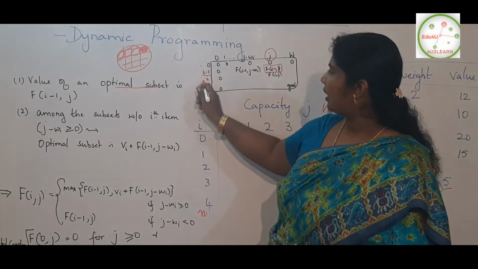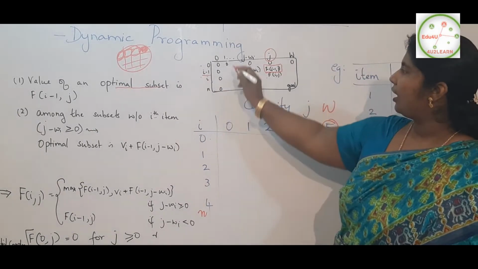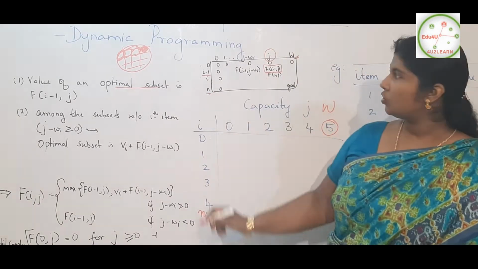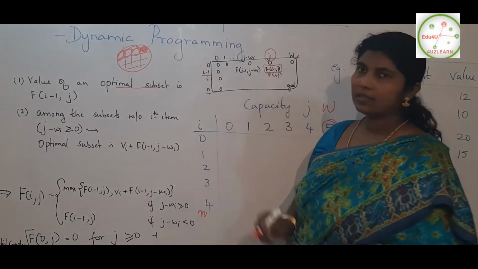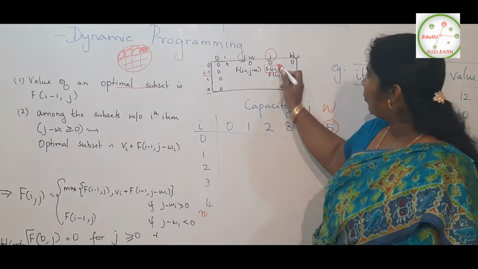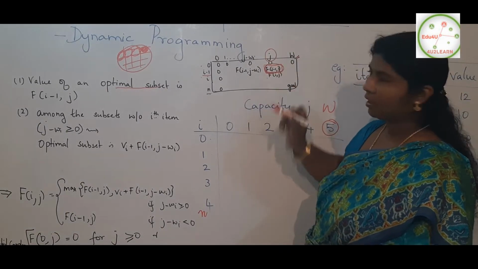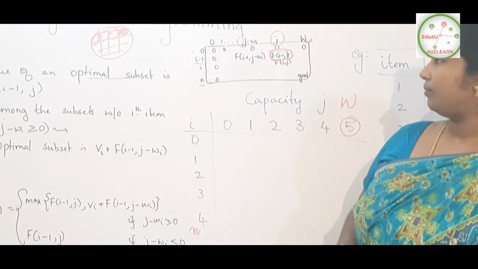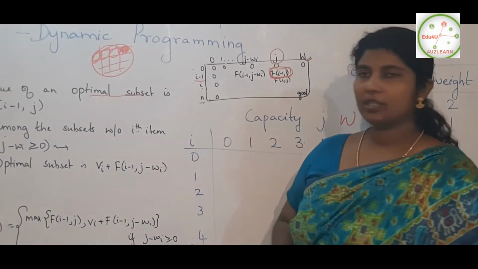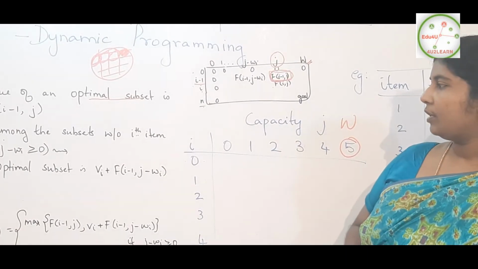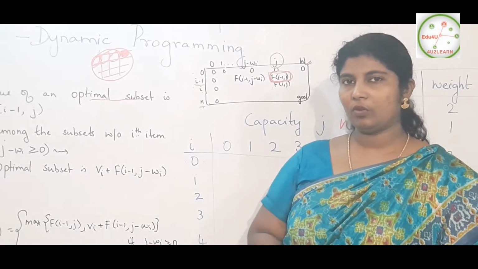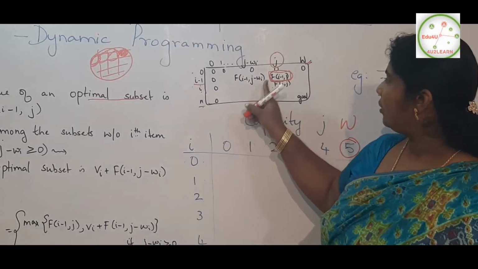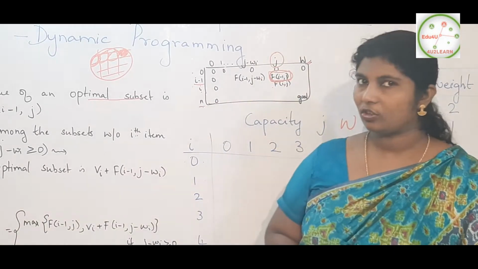Here we have the items which are listed and we have the weights which are indicated here. With respect to this table, we have the optimal solution for that particular iteration or subset. If we want to find a solution for the ith element, what is the solution with respect to j?